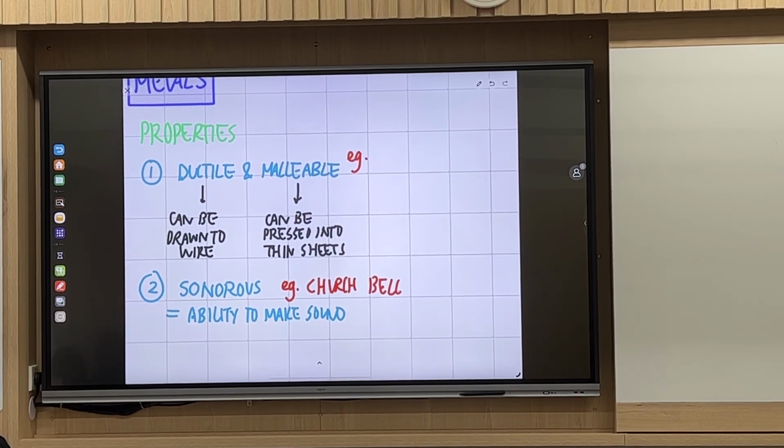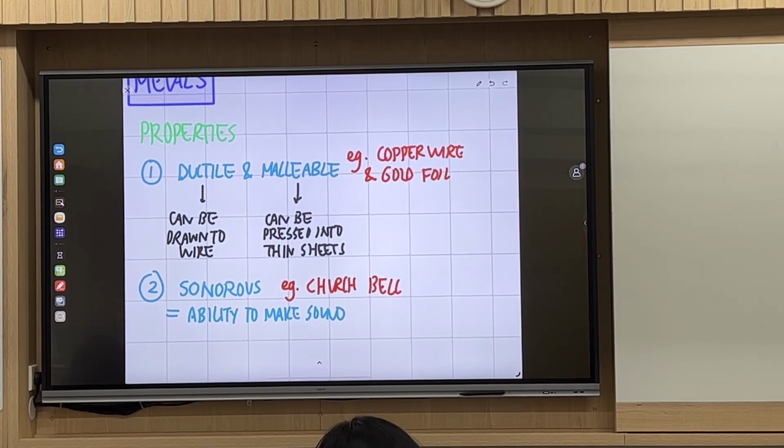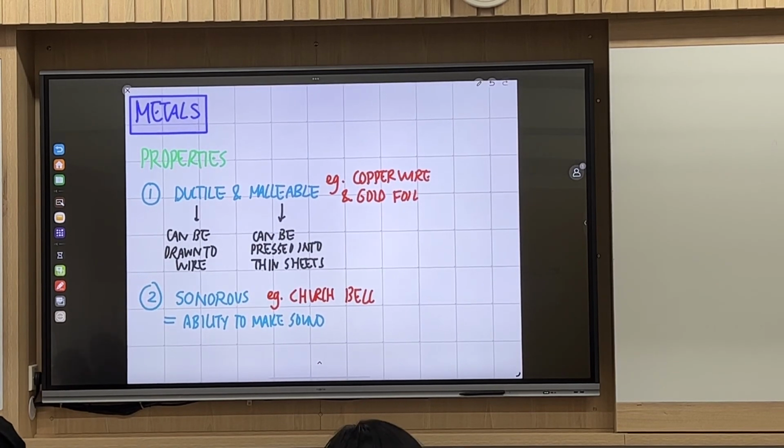You have to look at the circuit board before you know there are those wirings on it. So copper wire, and gold foil on those fancy desserts, right? Well, most of those desserts still use imitation gold foil. They are not real gold foil anyway. But the real gold foil, you can actually eat it without any problem.